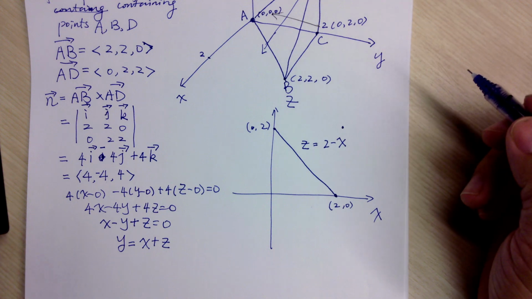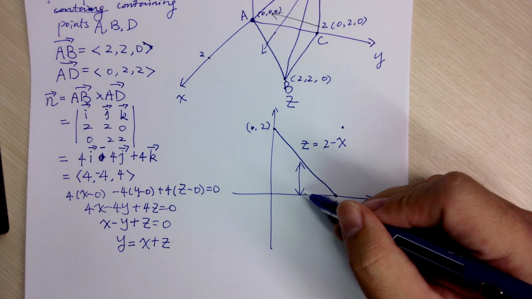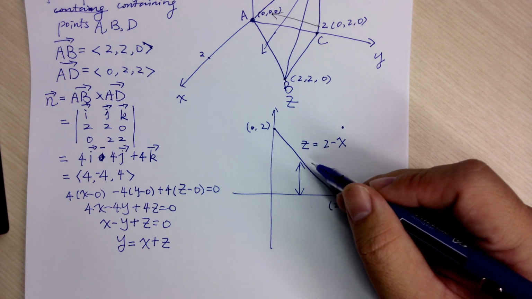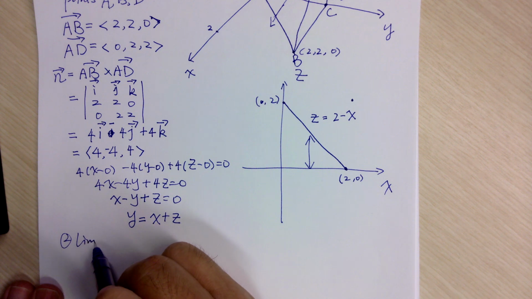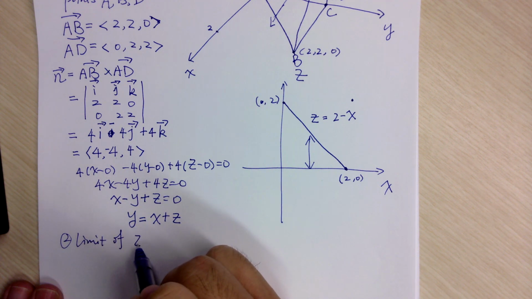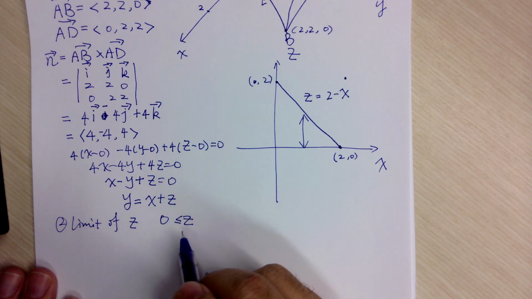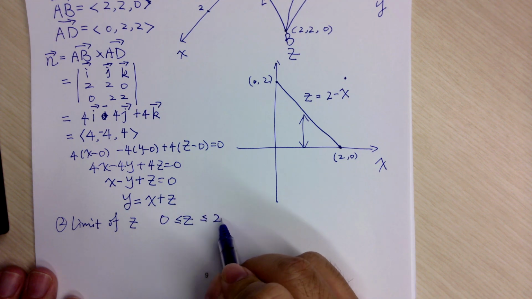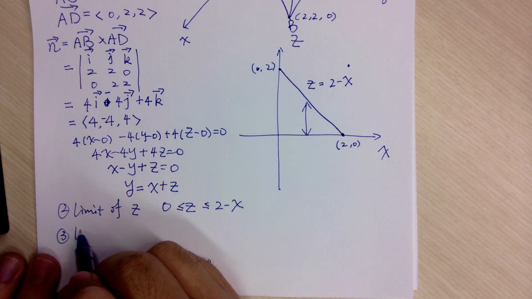So z is bounded below by 0 and above by 2 minus x. The second step, the limit of z, is z greater than or equal to 0 and less than or equal to 2 minus x.